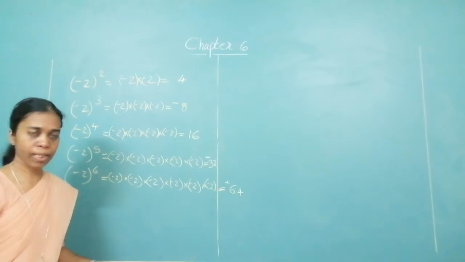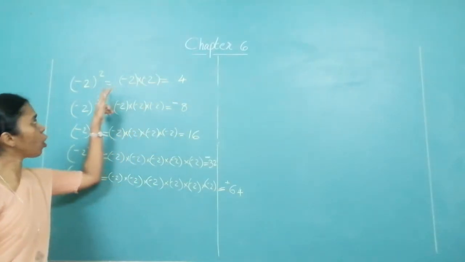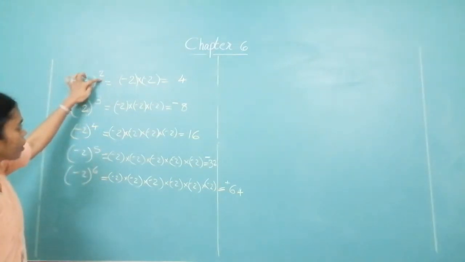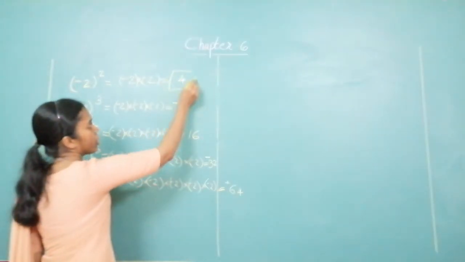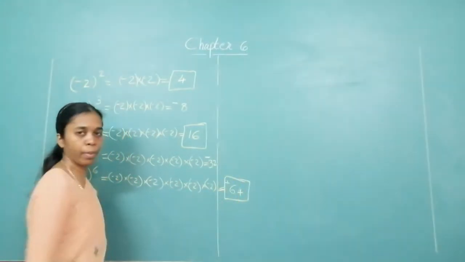That is our index. Now you look at the answer we are getting when it is odd and even. Look at the even numbers 2, 4 and 6. You look at the answer over here. What can you say about it?